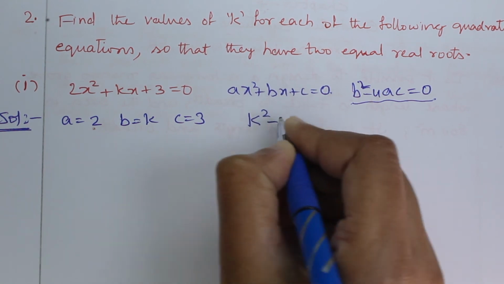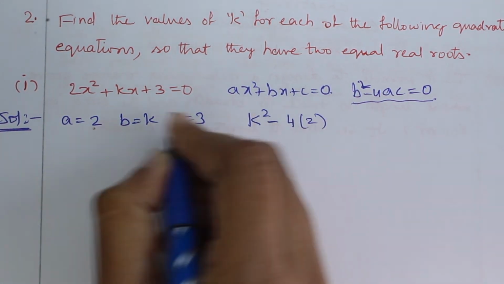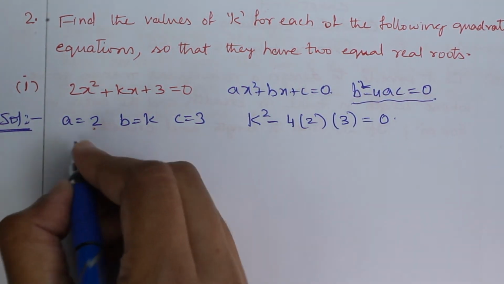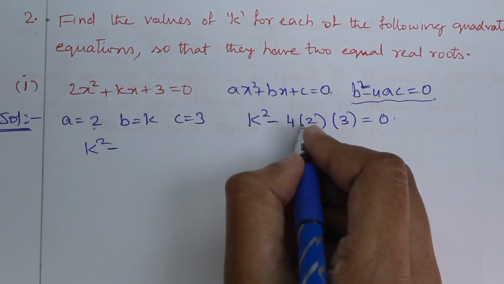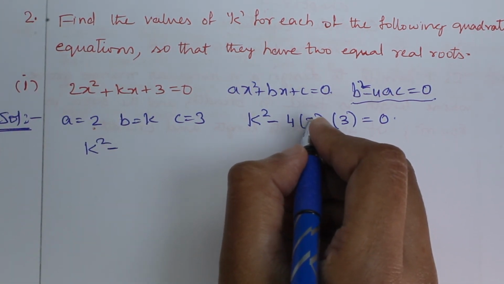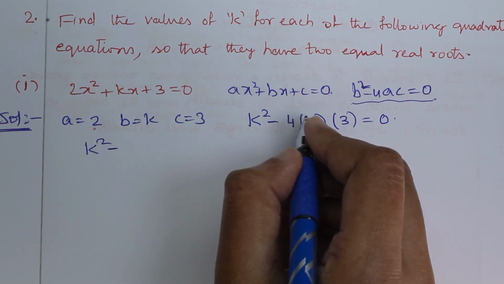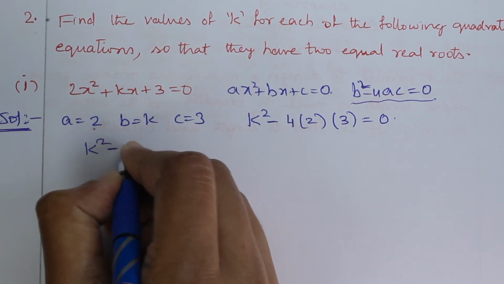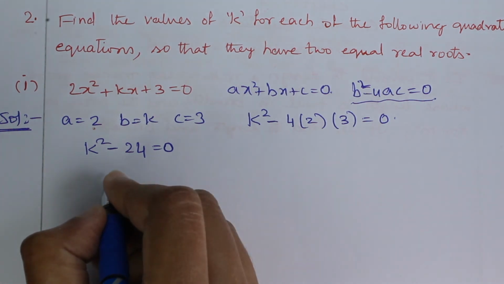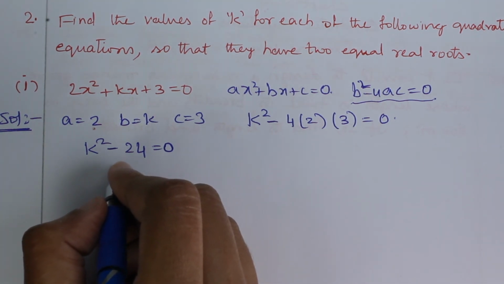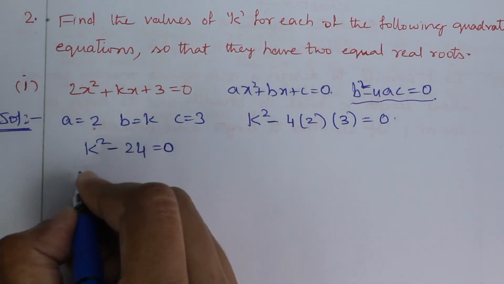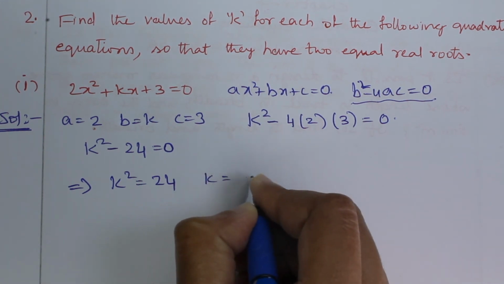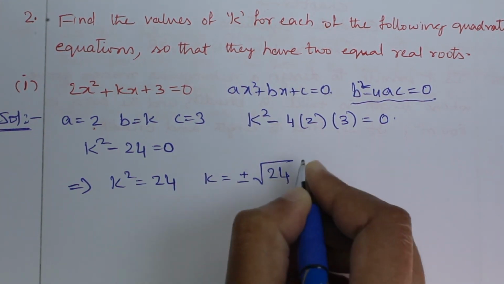k square minus 4 into a is 2 into c is 3 is equal to 0. This is the condition. So k square minus 4 2s are 8, 8 3s are 24. k square minus 24 is equal to 0. So that implies k square is equal to 24 and k is equal to plus or minus square root of 24.